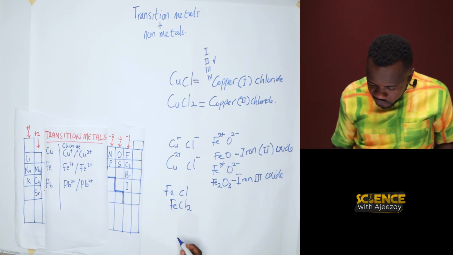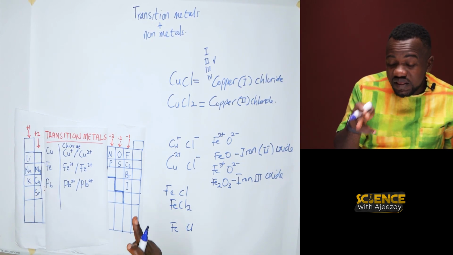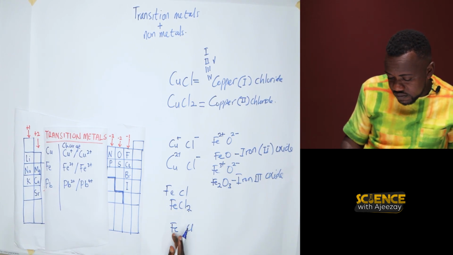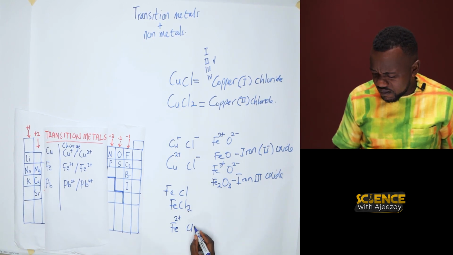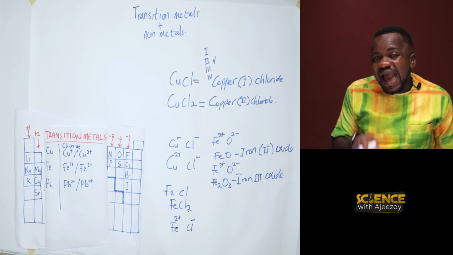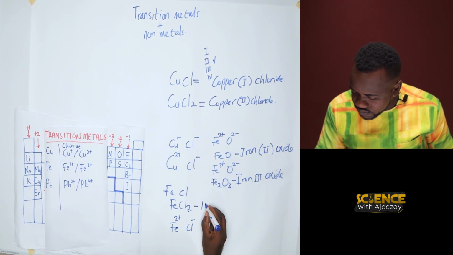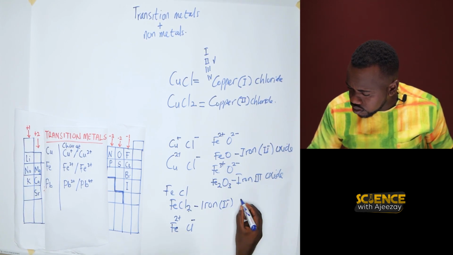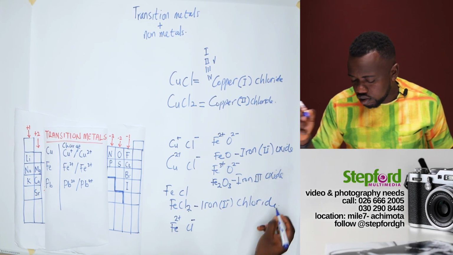So you go back. First, you bring your Fe here, and then your Cl. We can tell from here that this 2 is coming from the iron, it's a 2+. We already know chloride is 1-, so the iron here is 2+. So straight away, this is iron(II) chloride.